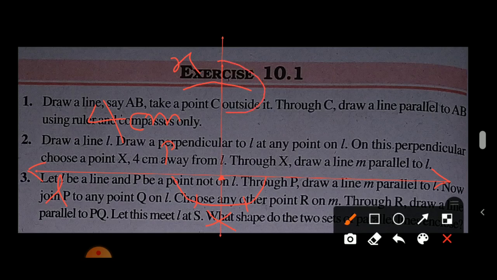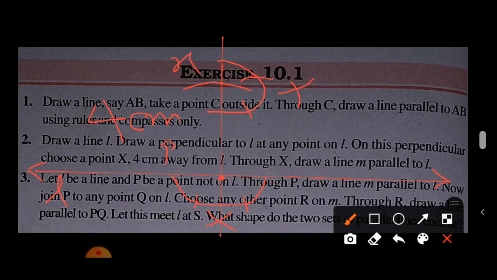First we draw one arc from point X, then from this point again we draw one arc of 60 degree, then from this 60 degree we draw one more arc of 120, then from 60 and 120 we draw these two arcs. This is the intersecting point. Then we join X with this new intersecting point.